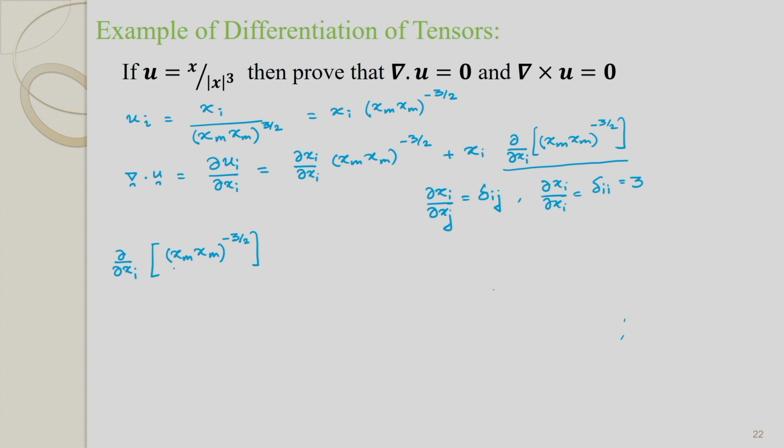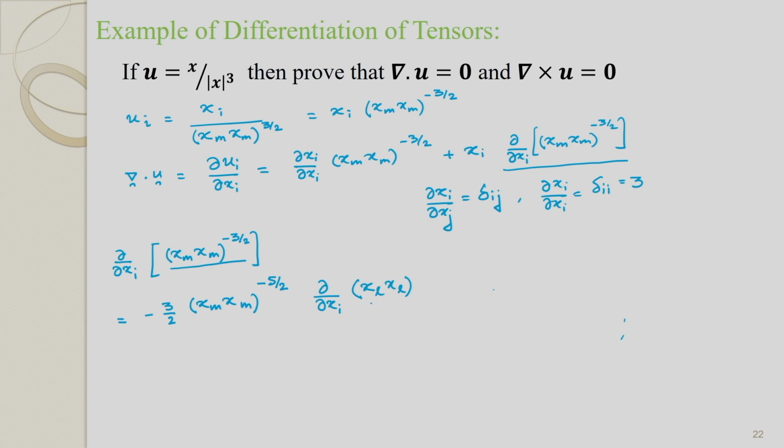We have to first differentiate this whole term by xm, then we get minus 5 by 2, and after that we have to differentiate this xm with respect to xi.